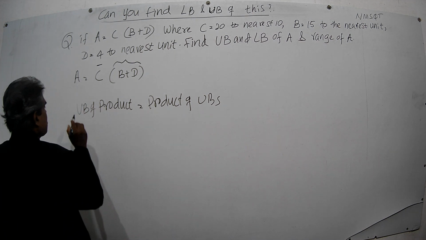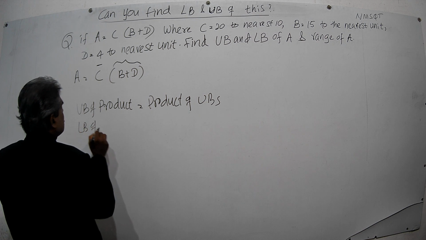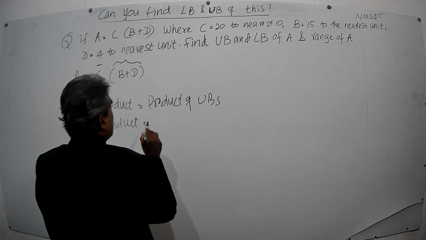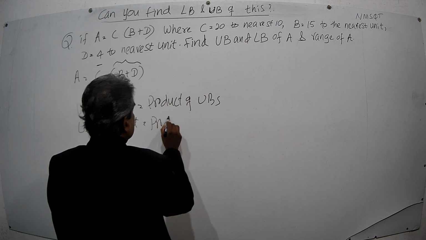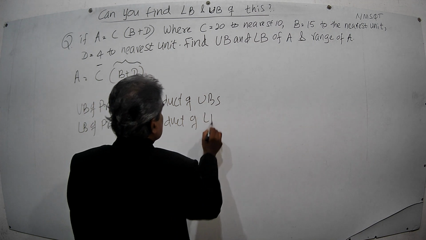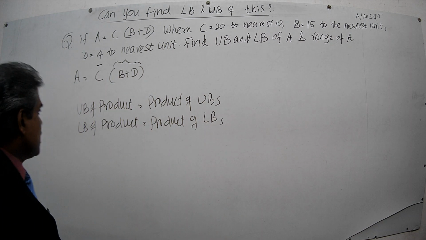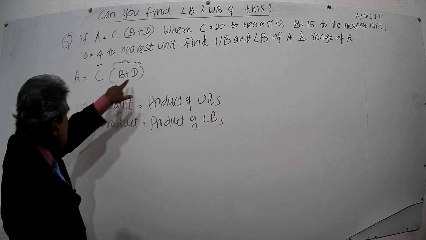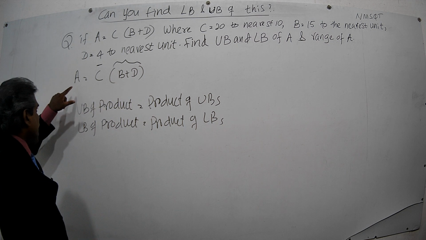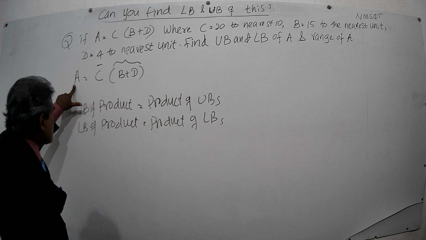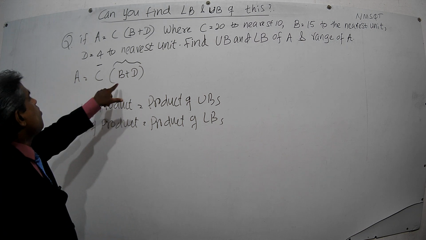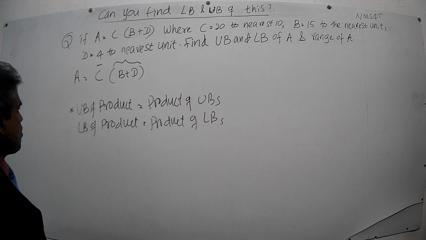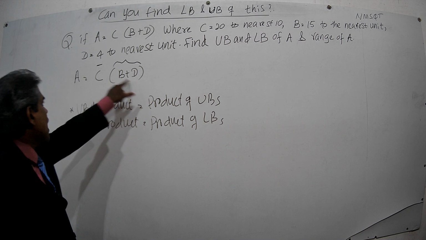The lower bound of a product equals the product of lower bounds of the numbers that are multiplied. Therefore, we have to find the upper bound of C and upper bound of B plus D to find the upper bound of A. Upper bound of A equals upper bound of C multiplied by upper bound of B plus D. Therefore, we have to find the upper bound of B, upper bound of D, and upper bound of C.